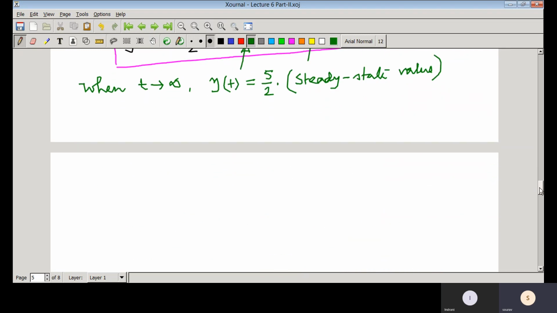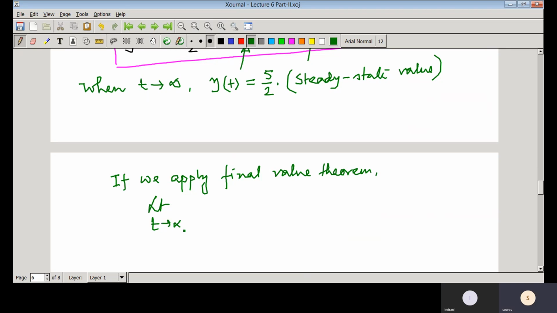So if we apply final value theorem, what will we get? That is limit t tends to infinity yt, which is limit s tends to 0 SYS.